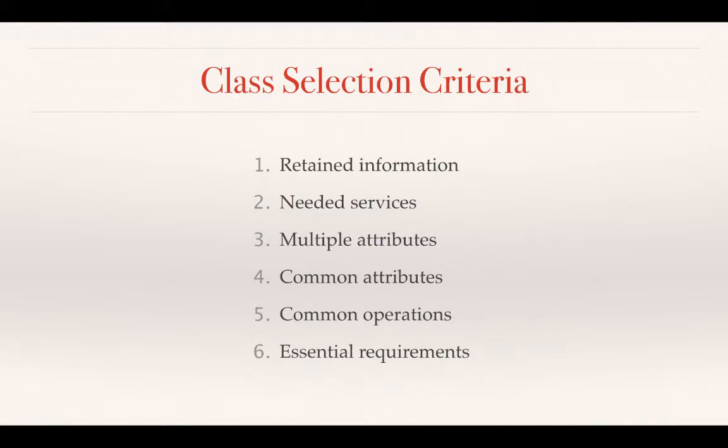The final criteria here, being an essential requirement for the system to function, can sometimes trump all of the other criteria. If a class is essential, then it may go into the analysis model even if it doesn't retain information or is relatively simple or only exists as a singleton object.